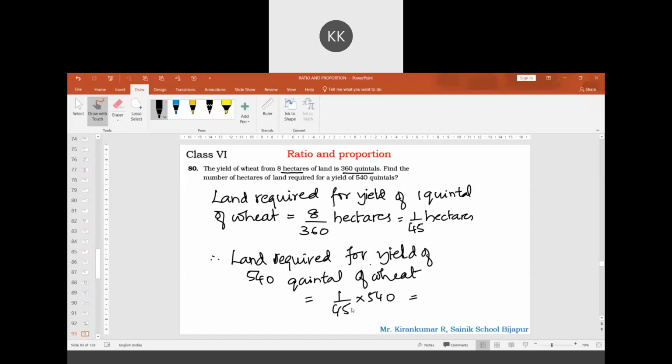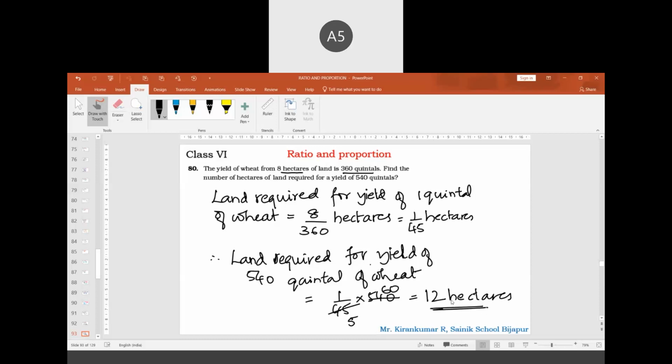This also can be simplified. 9 times 5 is 45, 9 times 60 is 540, so 60 by 5 is 12 times. So we get it as 12 hectares. So it's simple.